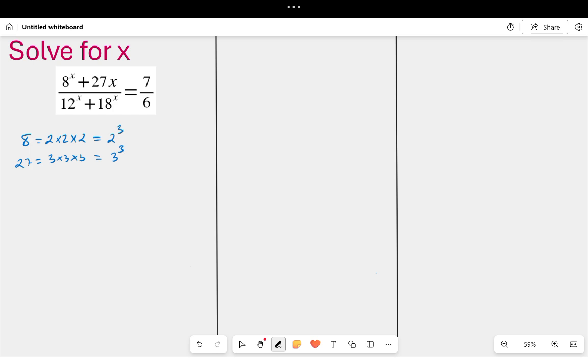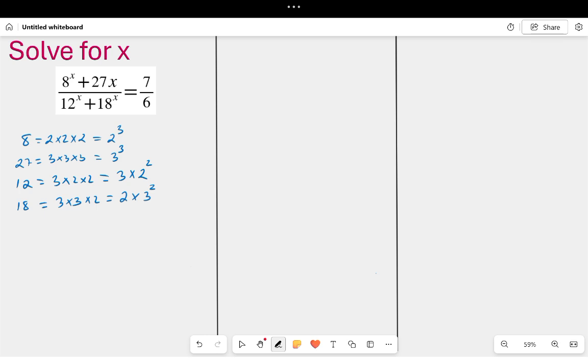Then we have 12, which can be written as 3 times 2 times 2, which is equal to 3 times 2 squared. Then next we have 18. 18 can be written as 3 times 3 times 2, which is the same as 2 times 3 squared.